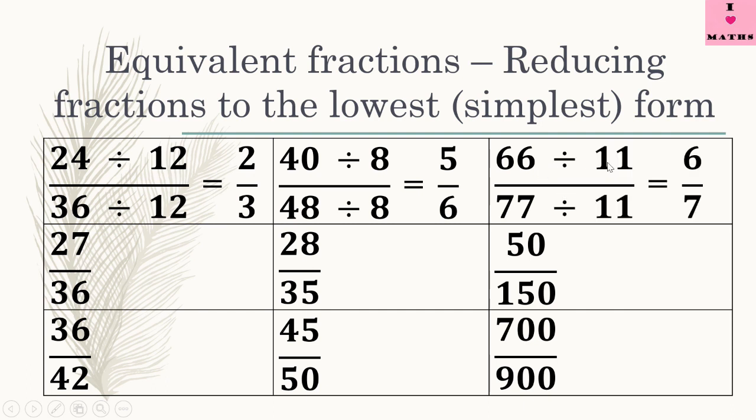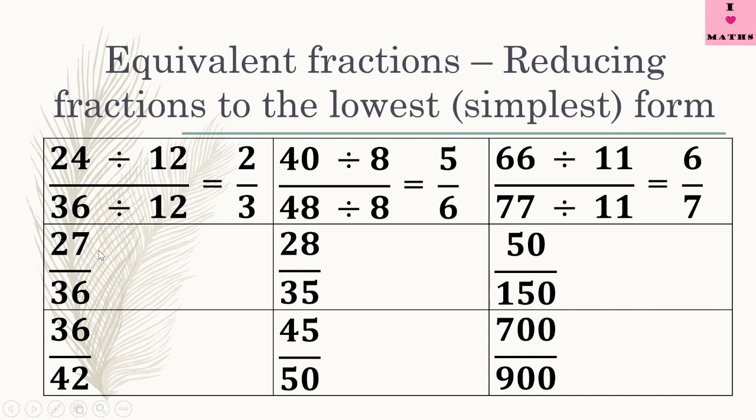So 66 divided by 11 is equal to 6 and 77 divided by 11 is equal to 7. So 6 upon 7 is the fraction which is in the lowest form. Why is it in the lowest form? Because 6 and 7 together come in only one table, and that is the table of 1.